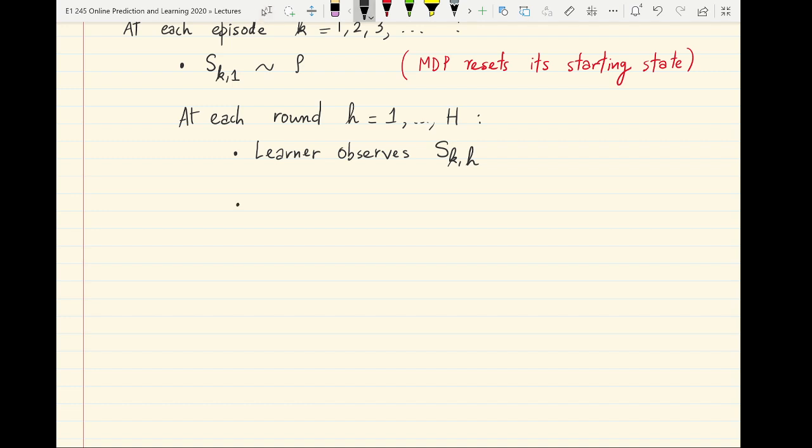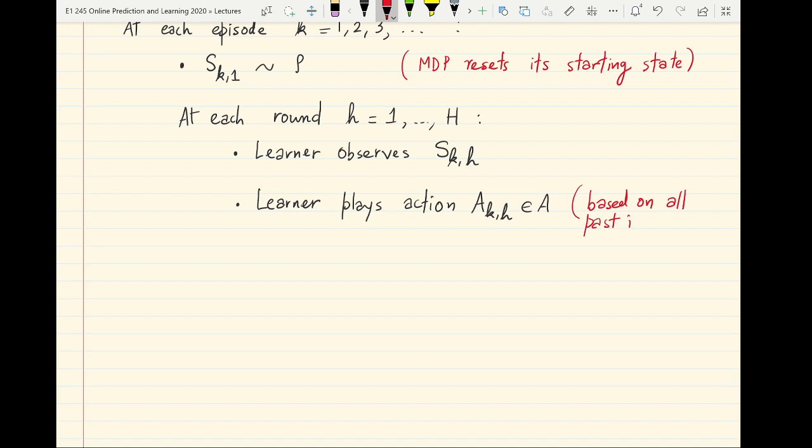Followed by this, the learner can play an action denoted by A_kh from the action space. And by the way, this can be based on all the information obtained by the learner so far, all past information seen by the learner so far.